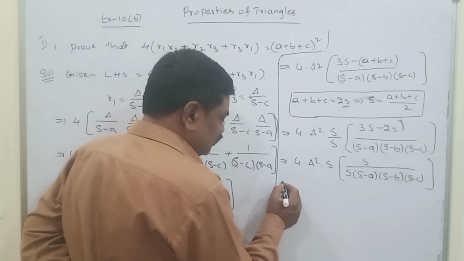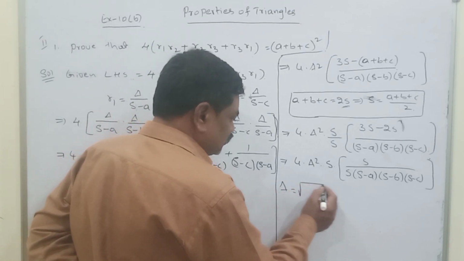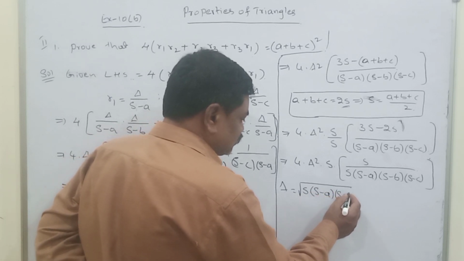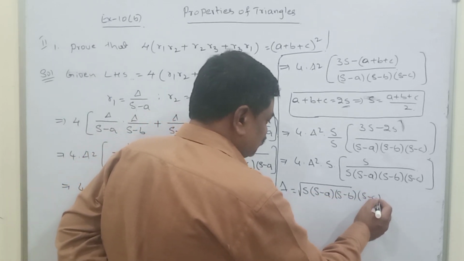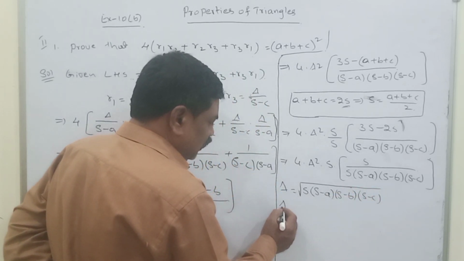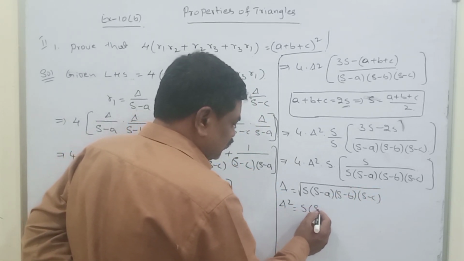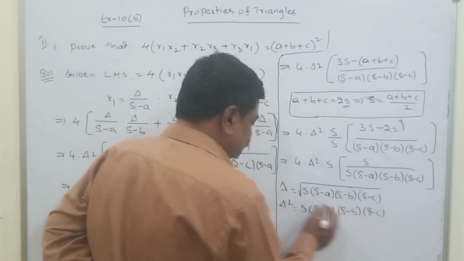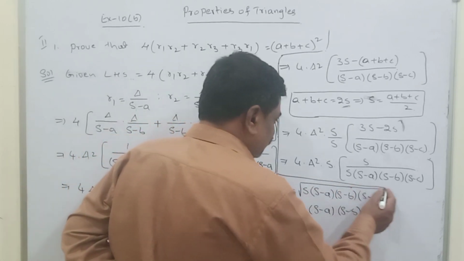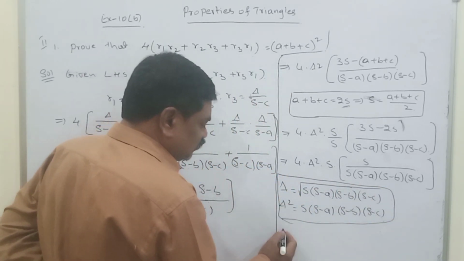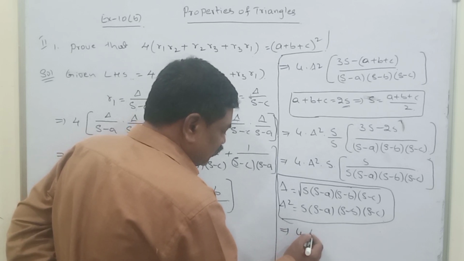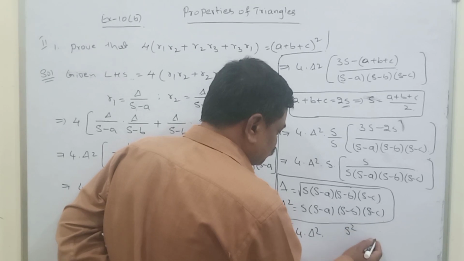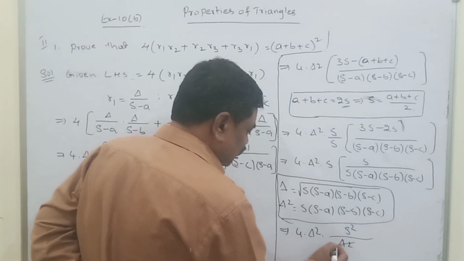You observe here, delta is equal to what? We know Heron's formula: delta is the square root of s(s minus a)(s minus b)(s minus c). So what is delta square? It is s(s minus a)(s minus b)(s minus c). So what we have to write here? 4 into delta square into s, into s square by delta square.